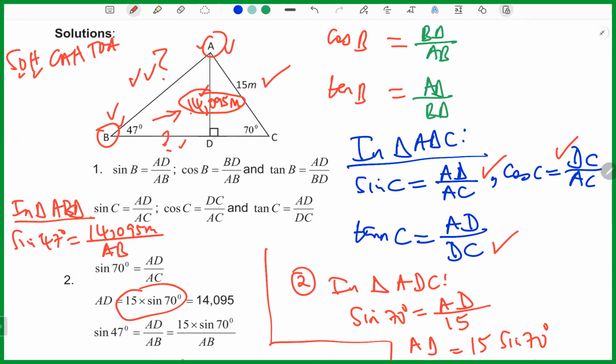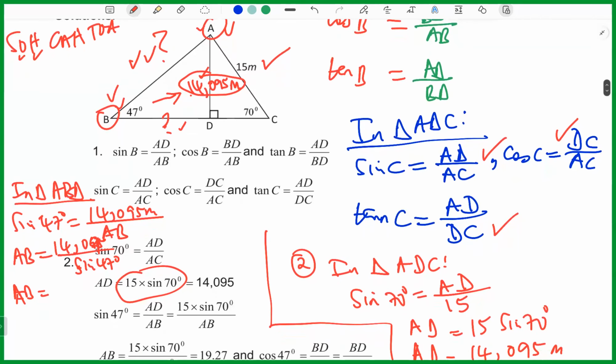Which means we can find our AB. So AB is 14,095 divided by the sine of 47 degrees, which means AB is given by the following. So you divide these here.